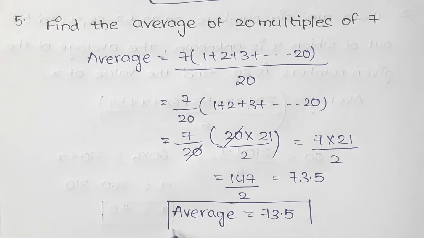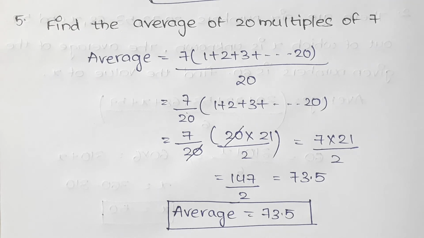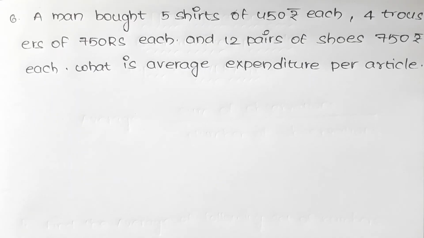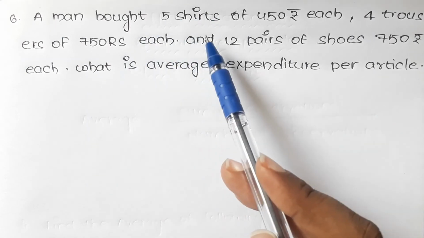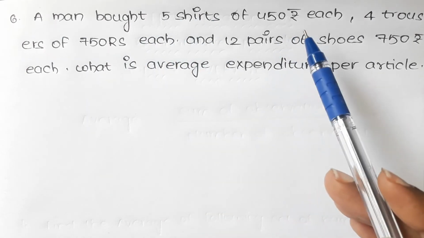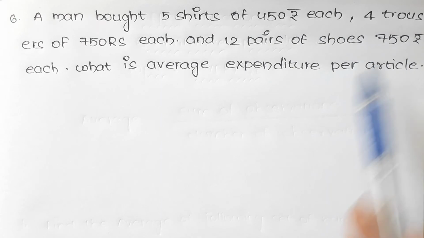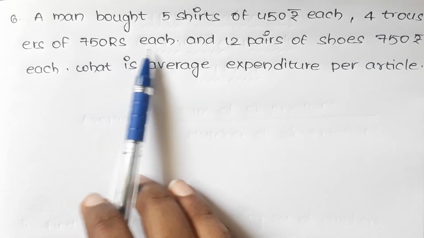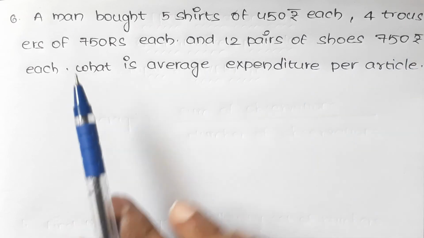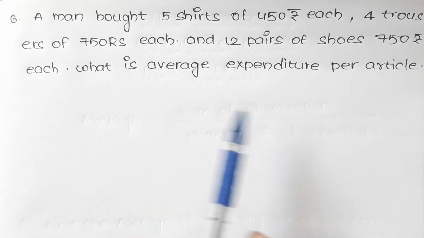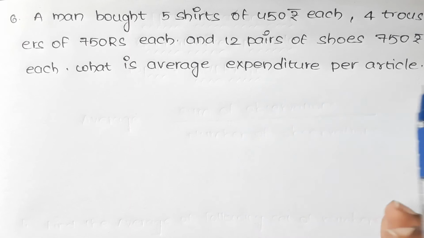And now let us see another model, that is the sixth one. Here a man brought 5 shirts of 450 rupees each and 4 trousers of 750 rupees each and 12 pairs of shoes at 750 rupees each, and we have to find the average expenditure per article.